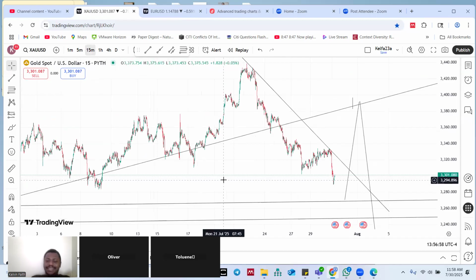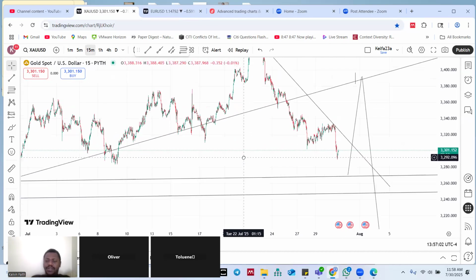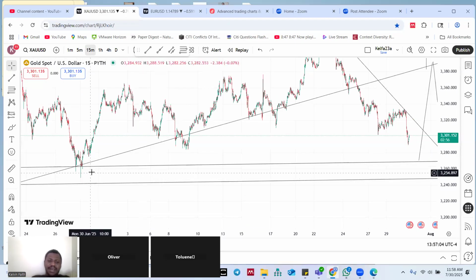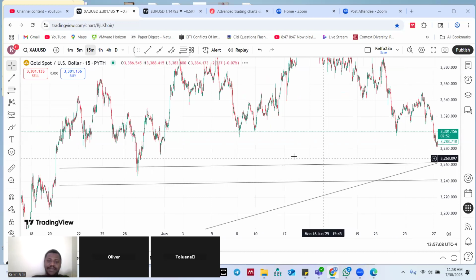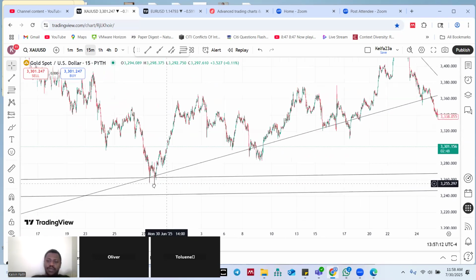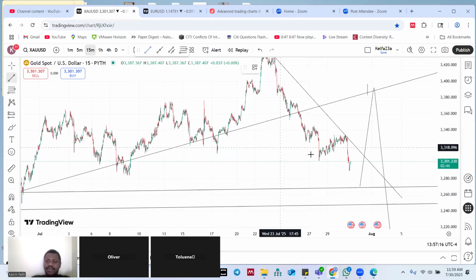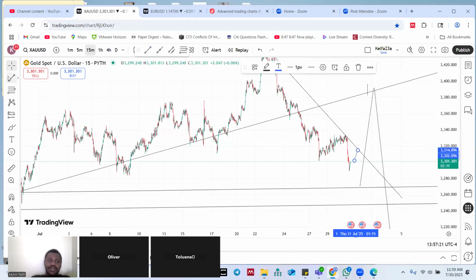Okay. And the same scenario is going to happen on gold. There is this support zone here that I believe gold is going to invalidate, sweep. Gold is going to walk through. But then I expect that price might push to the upside a little bit here on gold.